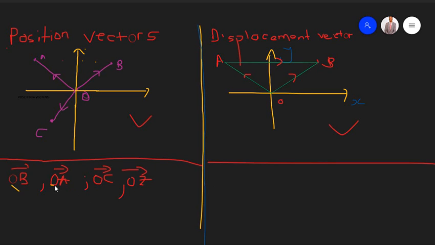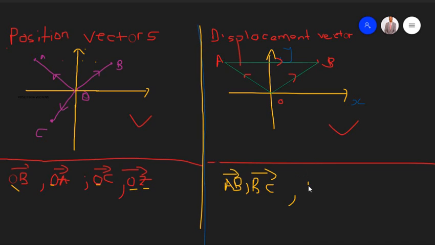Now, let's move on to displacement vectors. They are usually denoted by AB. There's no O here on displacement vectors. BC. You won't see an O on displacement vectors.